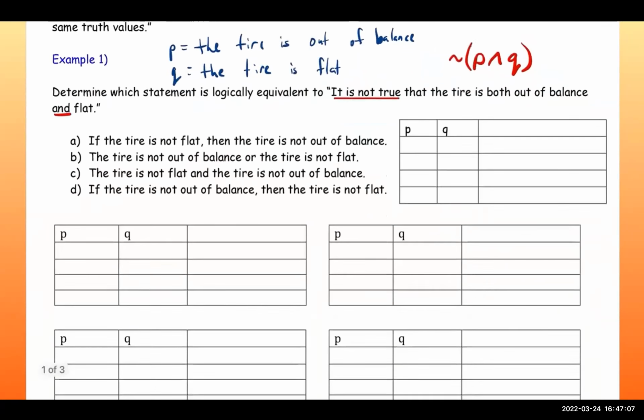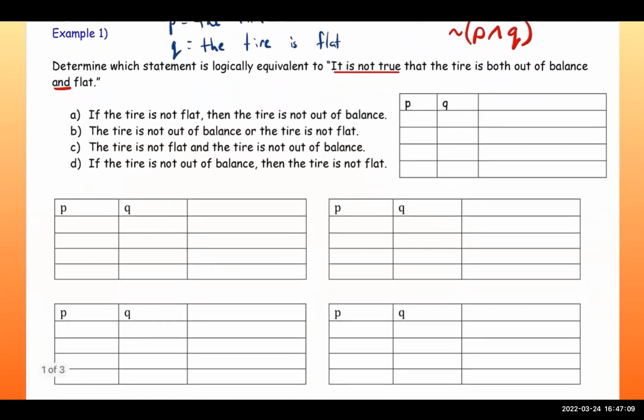So let's start with down here. We'll call this one A. For P and Q, we have to go through the different combinations: true, true; true, false; false, true; false, false.